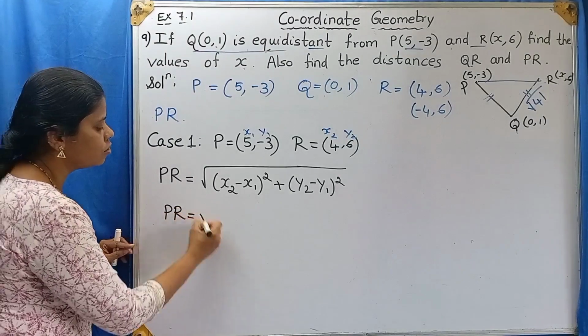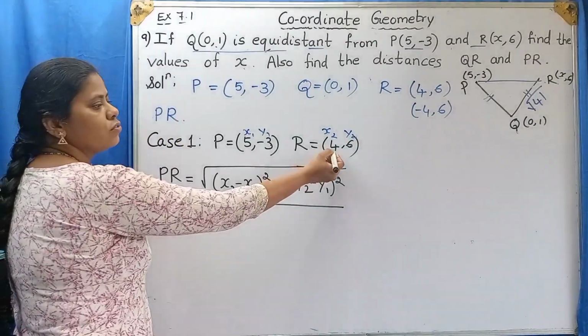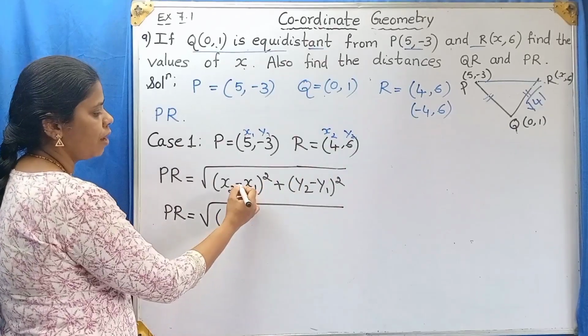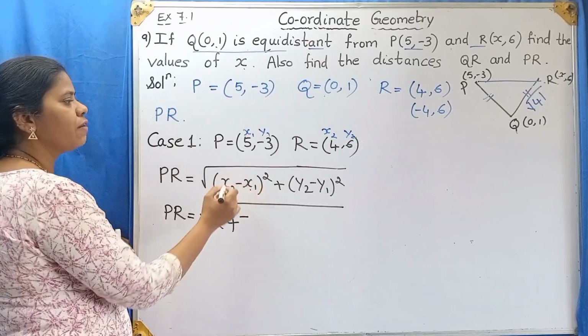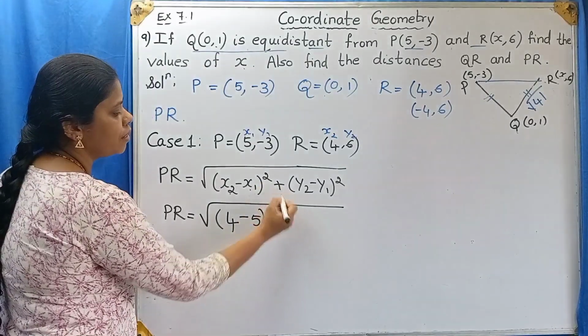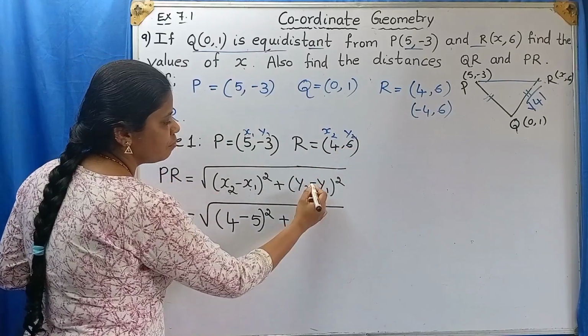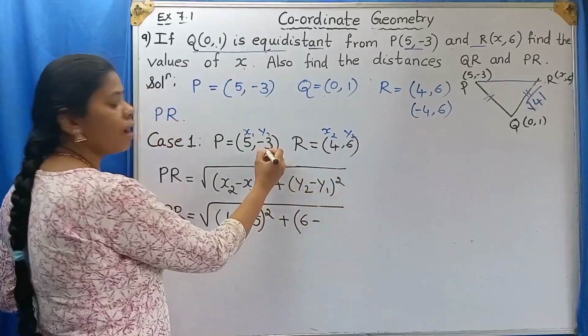PR is equal to square root of, bracket open, x2. The value of x2 is 4, minus x1. x1 is 5, 5 the whole square, plus y2. The value of y2 is 6, minus y1, which is minus 3.